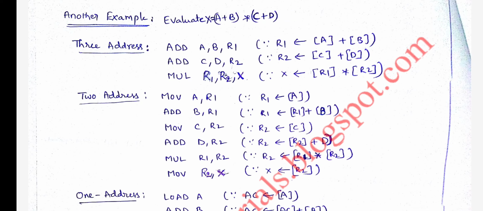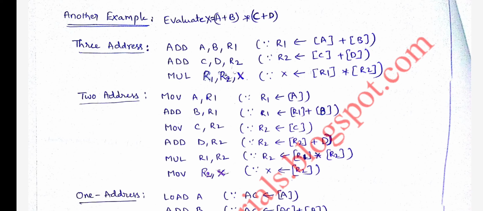If you observe, the right hand side always contains the destination. See, MOV A, R1, so R1 is the destination; ADD B, R1, again R1 is the destination. Now R1 contains A plus B after completion of the add instruction.